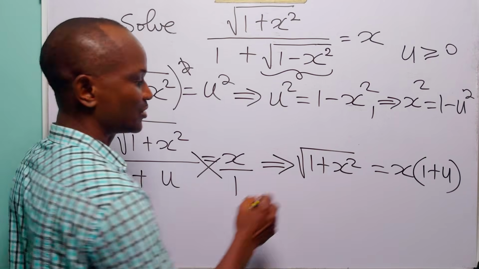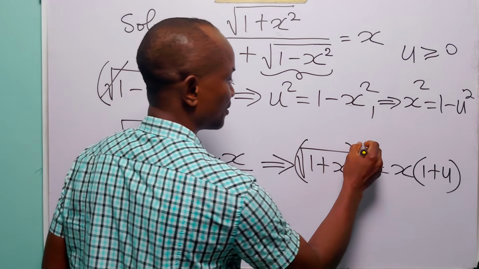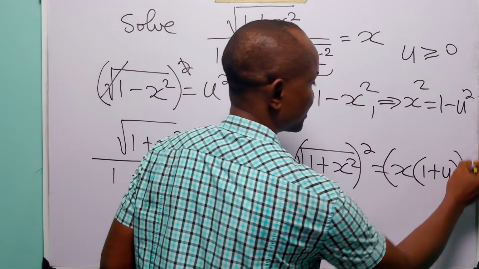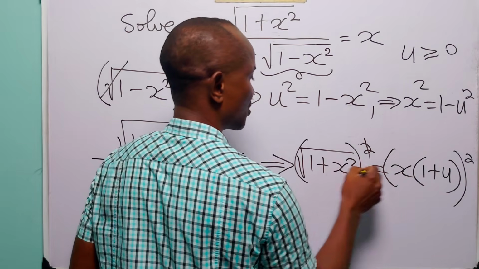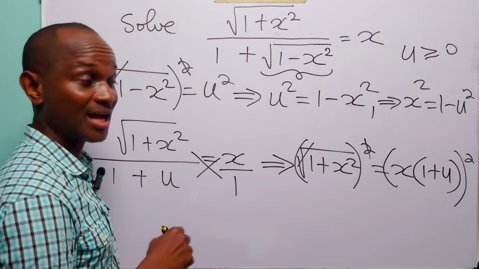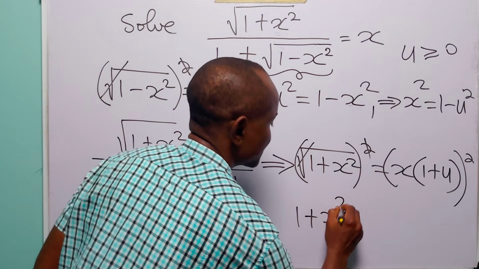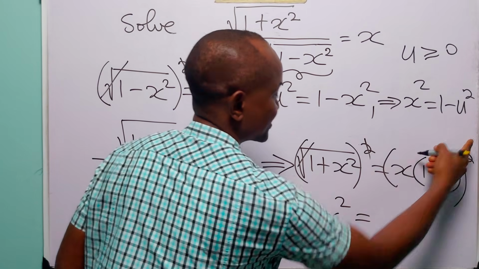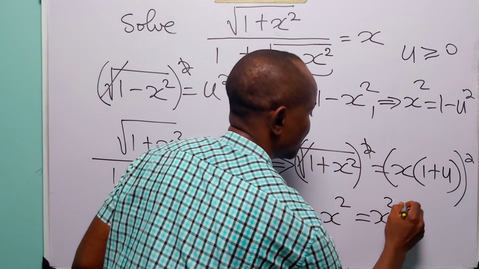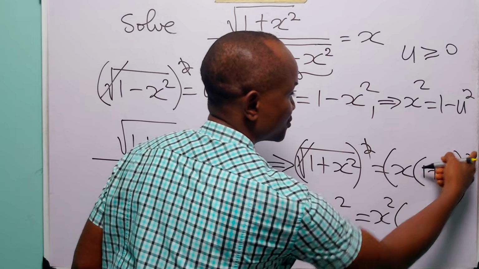Now, the next thing we are going to do is that we will square both sides of this equation. Once more, this is going to take care of that. And we have that 1 plus x squared is equal to x squared multiplied by 1 plus u squared.